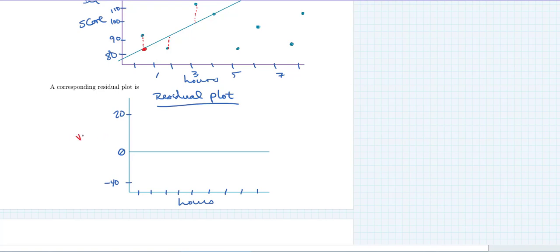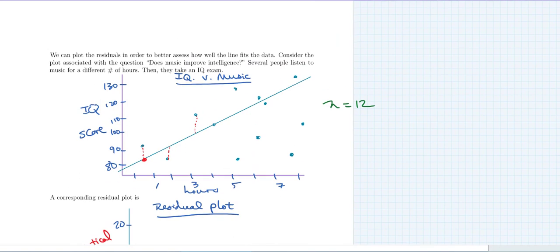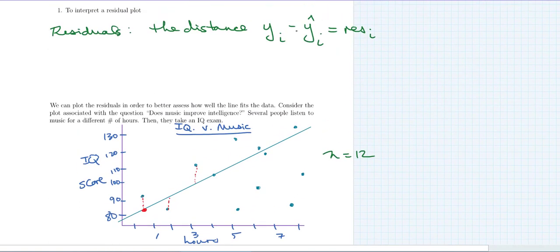So we can say vertical distance. In general, in residual plots the vertical axis isn't named. It's understood that this is the vertical distance. If we look back at what a residual looks like, if the point is above the line, then this value is greater than that value, and the residual will be positive.